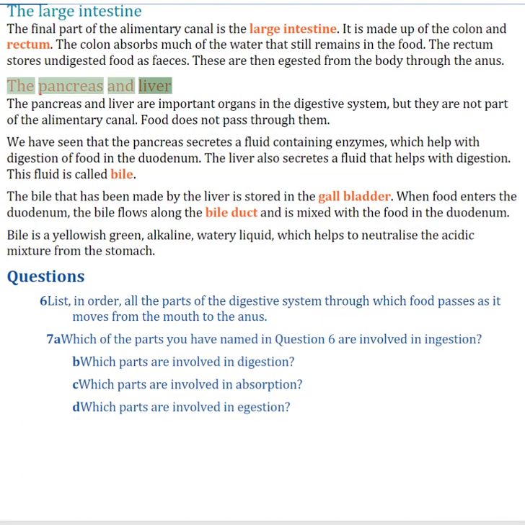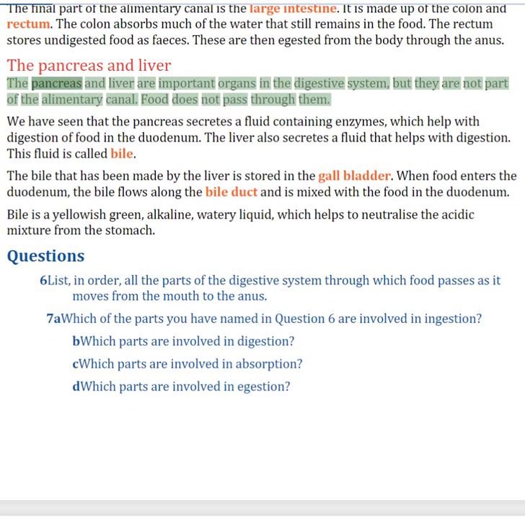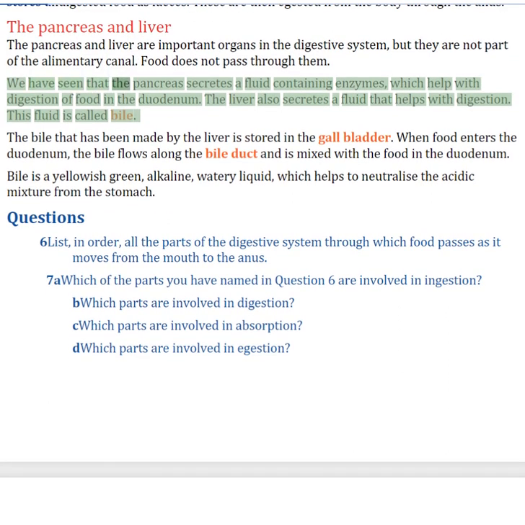The pancreas and liver. The pancreas and liver are important organs in the digestive system, but they are not part of the alimentary canal. Food does not pass through them. We have seen that the pancreas secretes a fluid containing enzymes, which help with digestion of food in the duodenum. The liver also secretes a fluid that helps with digestion.